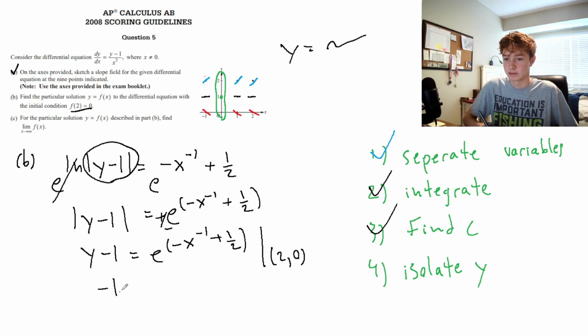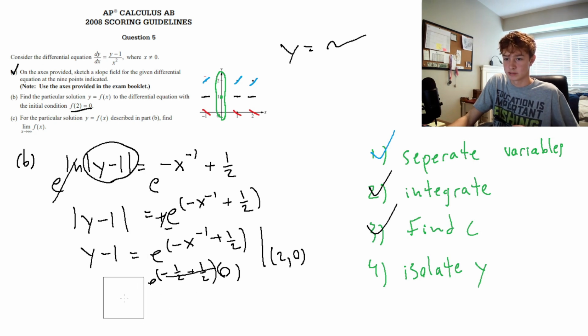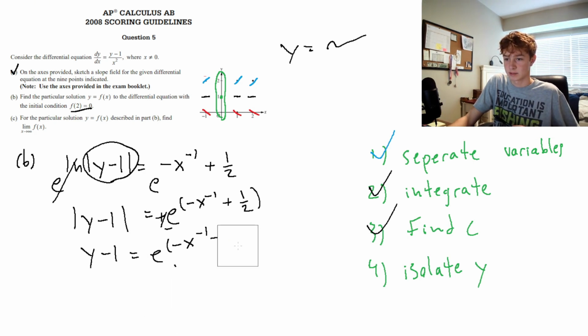We're going to have negative 1 equals e to the power of negative 1/2, right? Because plug in 2, flip it to the bottom, 1/2, and then it's negative, plus 1/2. So this is going to be 0. e to the power of 0 is 1, and negative 1 does not equal positive 1. So what that leads us to conclude is that, here I'll erase this.